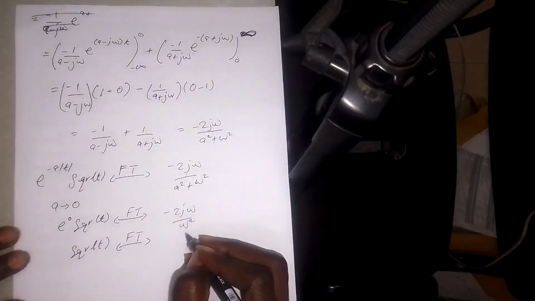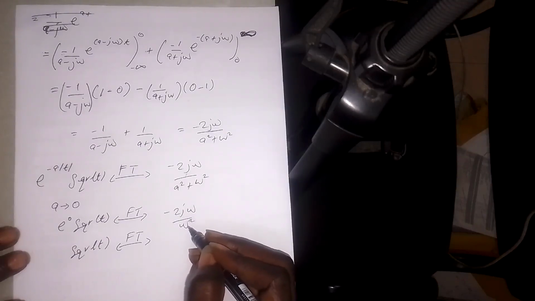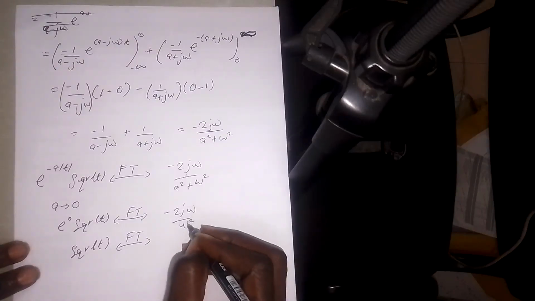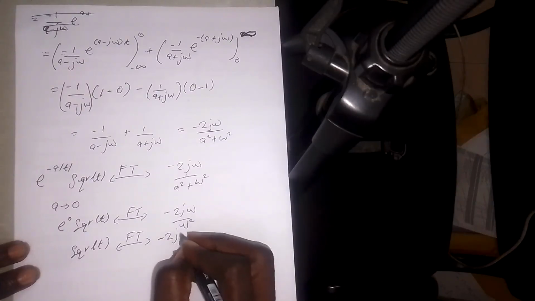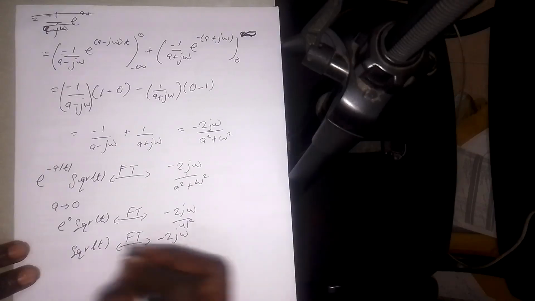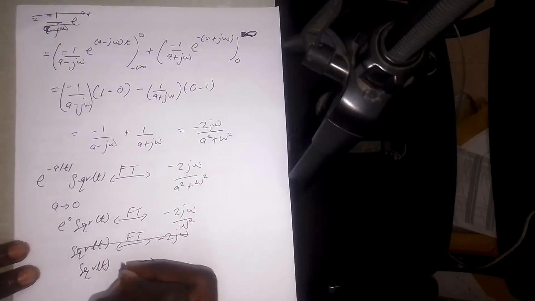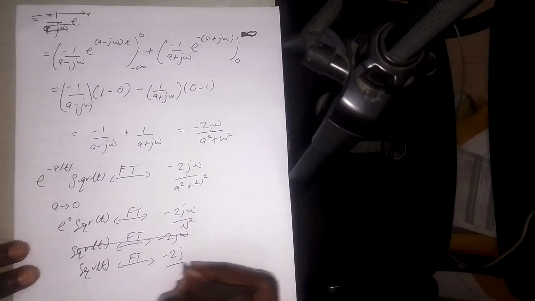Here these will cancel each other, so omega will cancel omega, and then I'll have only one omega here. So I'll have the square wave of t Fourier transform equal to minus 2j over omega.